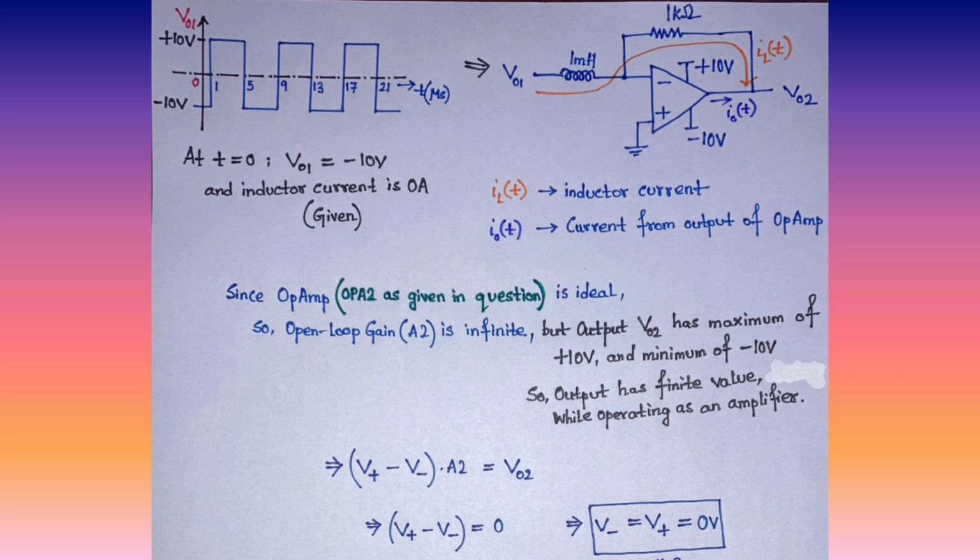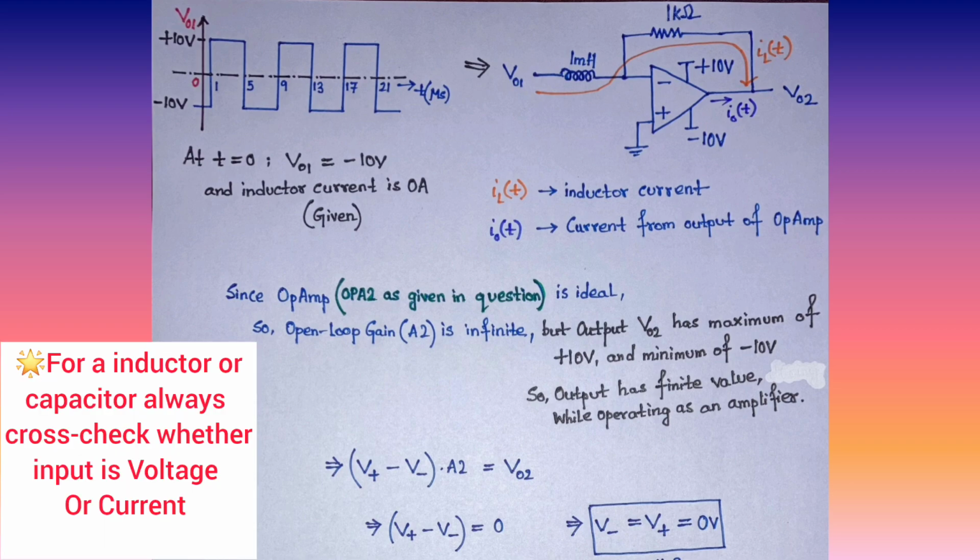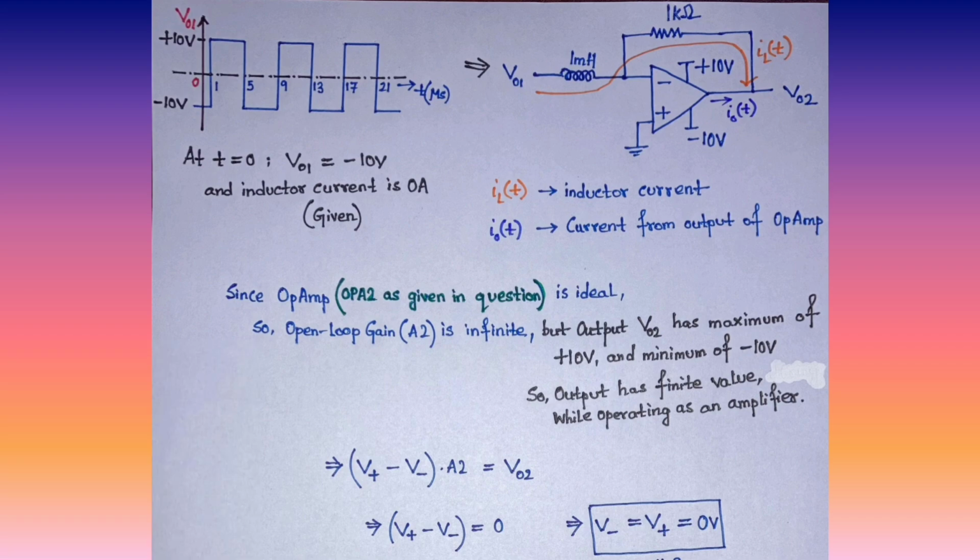Okay, so now what is happening? The entire voltage VO1 is appearing across the 1 millihenry inductor. That is inducing a current which is going to flow through that 1 kilo ohm resistor, and this current going through the 1 kilo ohm resistor is going to induce VO2. Here there is another term, I naught T. This is the output current from the op amp terminal.